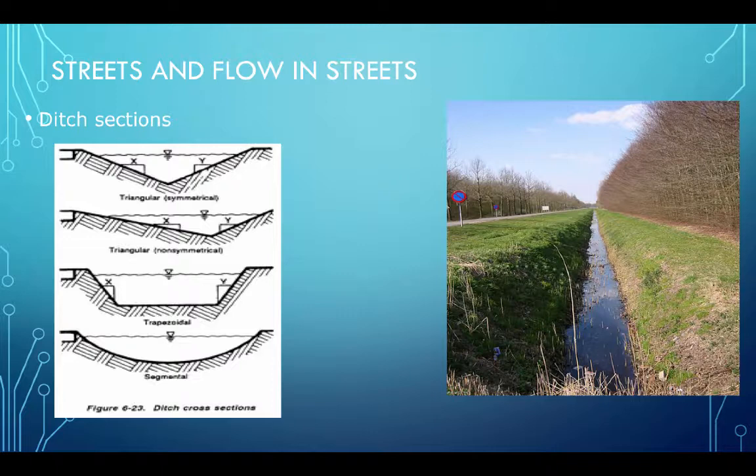But nonetheless, the cross-section depicted in the photograph is mostly trapezoidal. Maybe that's a triangle at the bottom. It's hard to tell. And there is the cross-sectional flow area when the ditch is full, and actually we have flow going above the ditch onto that motorway, and it's a trapezoidal ditch.